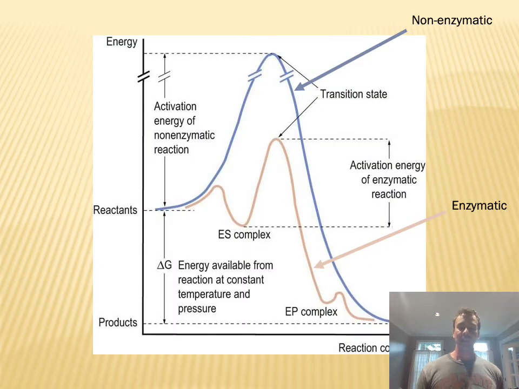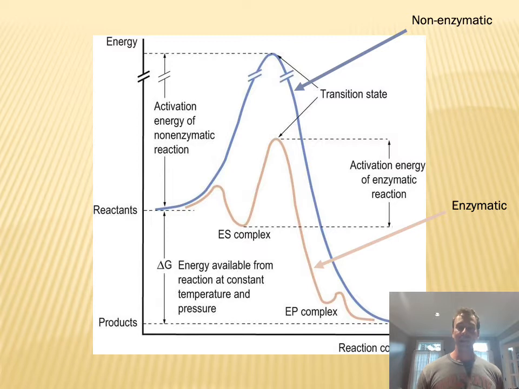So at a very high level, if we think about the reaction coordinate of a reaction, a non-enzymatic reaction requires a lot of energy to complete that reaction. So the reaction coordinate just going from start to end, essentially.